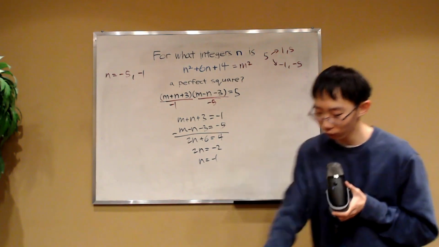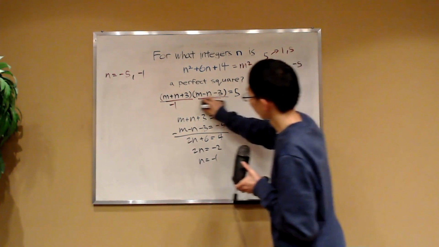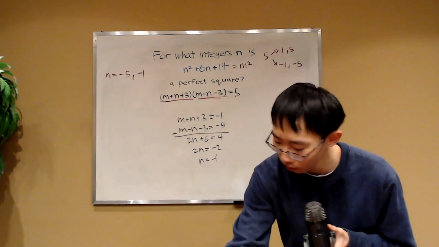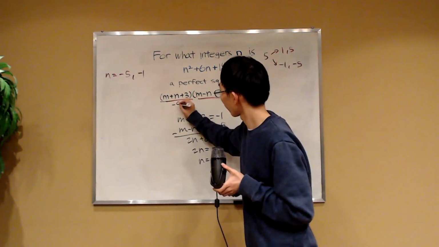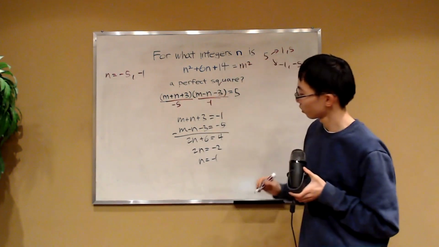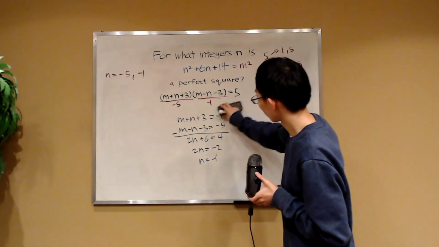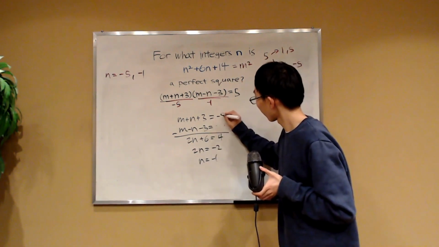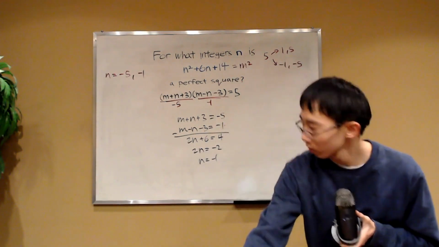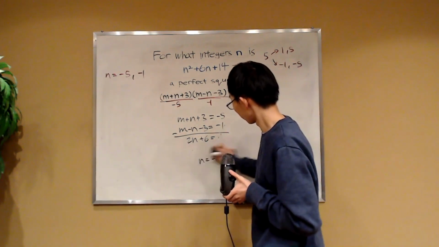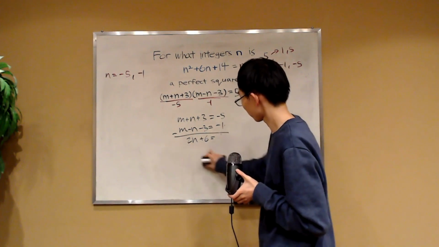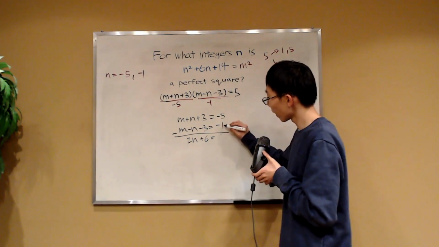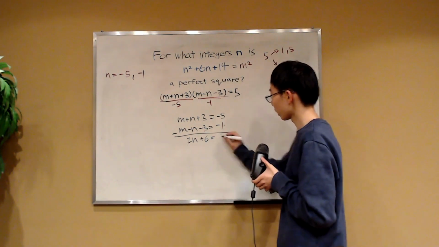Now, of course, we have one more case remaining. What if we had this over here was -5 and this was -1? Okay, well then, over here, we just swap them. So we would have -5 and -1. Great. Now, over here, we just need to do our appropriate subtraction. -5 minus -1, that would yield -4.